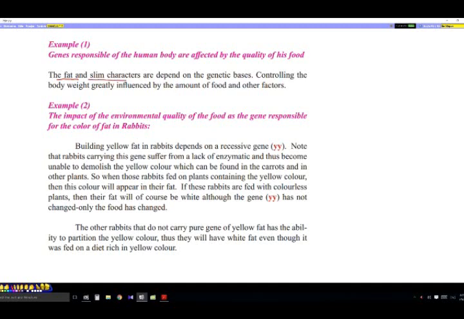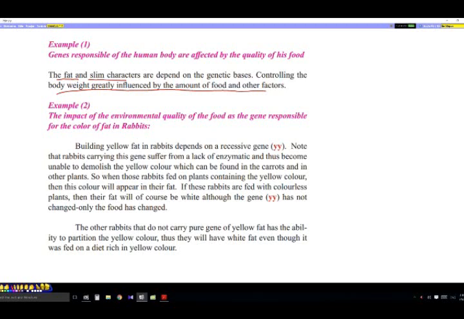Or people who have the genetic base for slim characteristics, by eating too many carbohydrates or too much fat, can gain body weight. So body weight is greatly influenced by the amount of food and some other environmental factors.